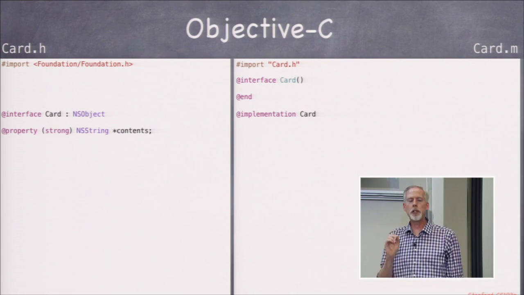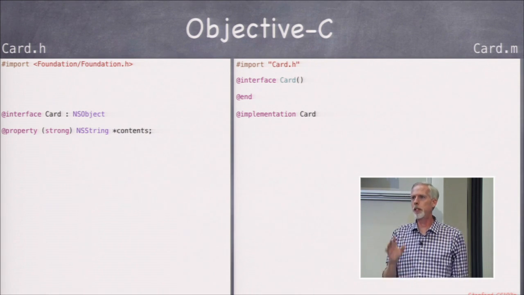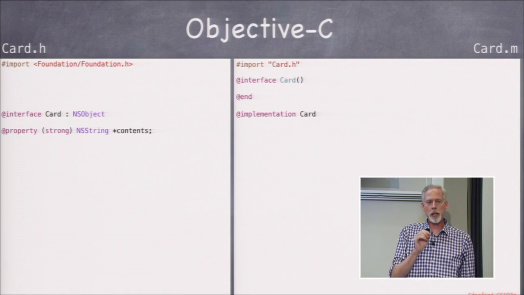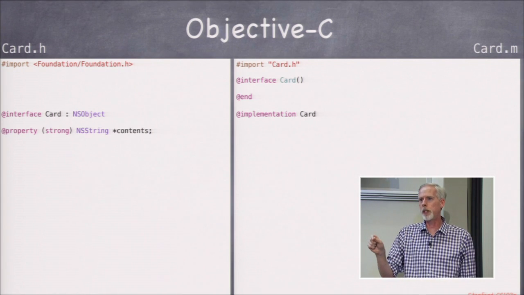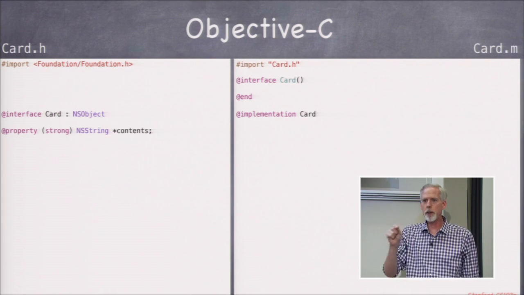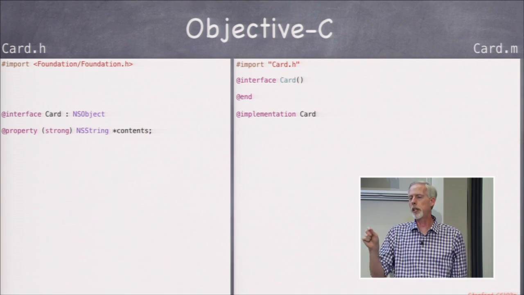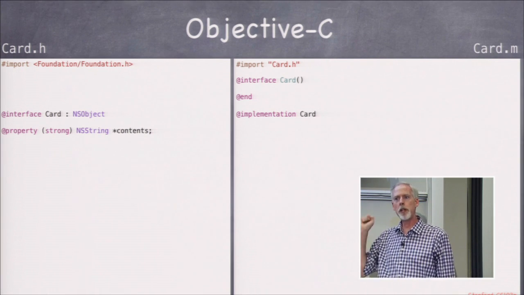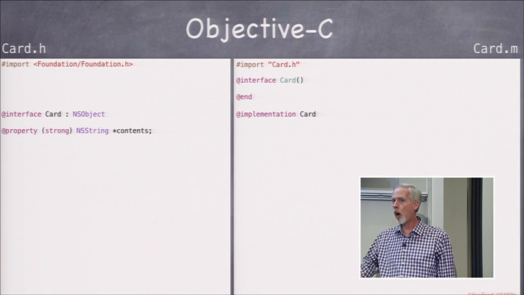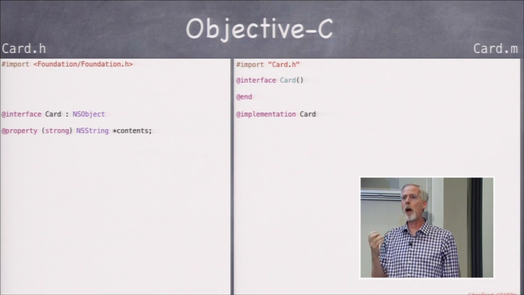This is called reference counting. It's not garbage collection, it's reference counting. So Objective-C is going to keep track of every single strong pointer to an object in the heap. And as long as at least one strong pointer exists, it's going to keep that thing in the heap. As soon as there are no strong pointers left, it will free the memory out of the heap instantly. Not garbage collect it later, but actually instantly reclaim that memory. So this is probably new to you.